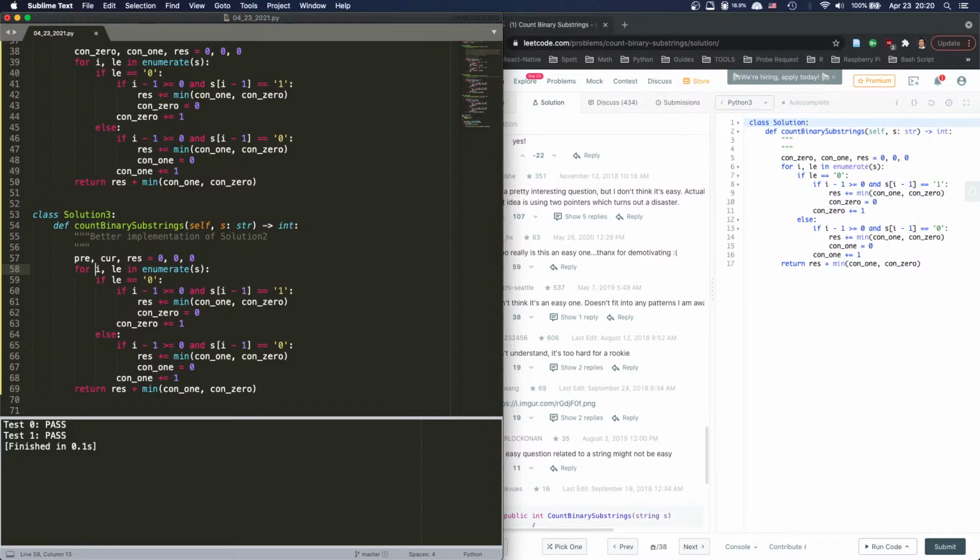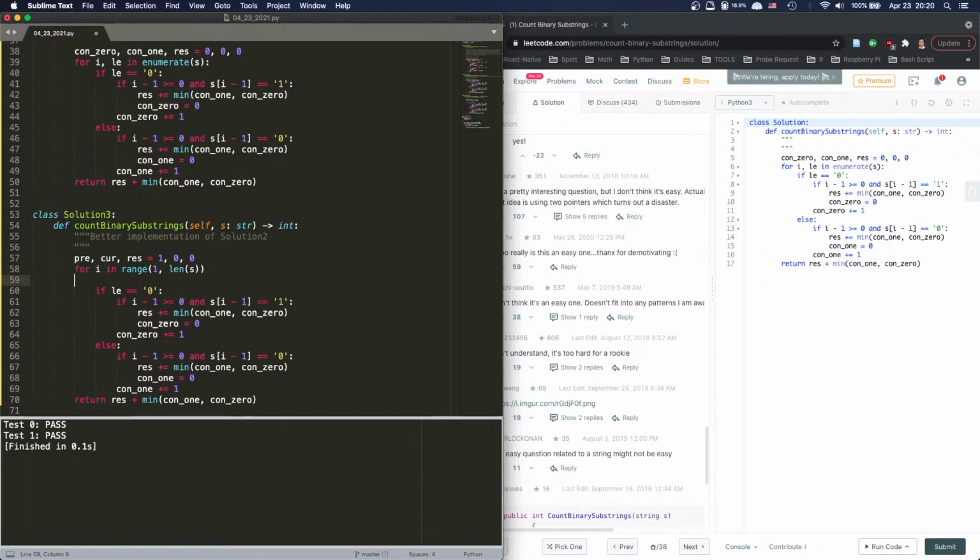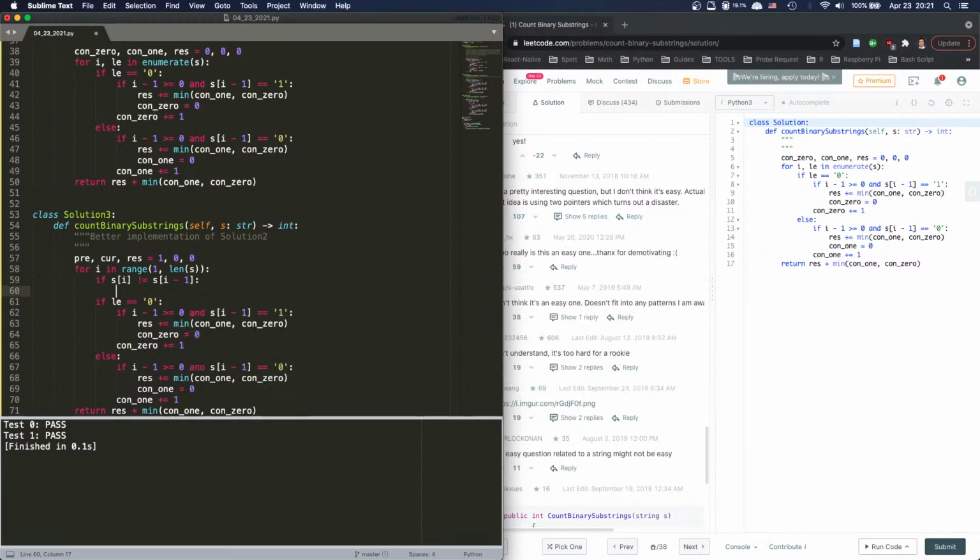Therefore, pre is always going to be 1, right? Current is current. So now I can say for i in range 1 to len(s). And then if s[i] is not equal to s[i-1], that means we have changed.